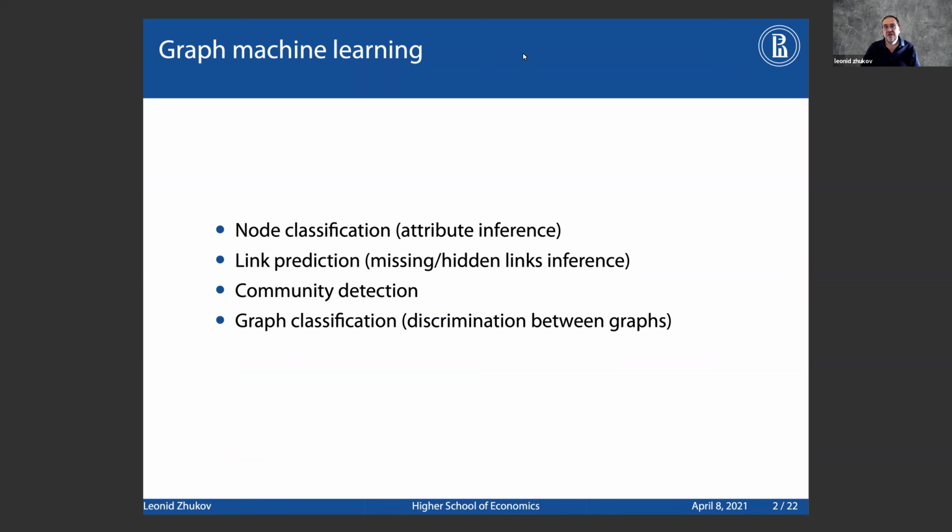Because graphs consist of nodes and links, and they have certain structure, so they're objects, and you can classify graphs themselves. That type of setup makes a lot of sense in structural chemistry, trying to predict the structure of small molecules, and that's extremely important for drug discovery.